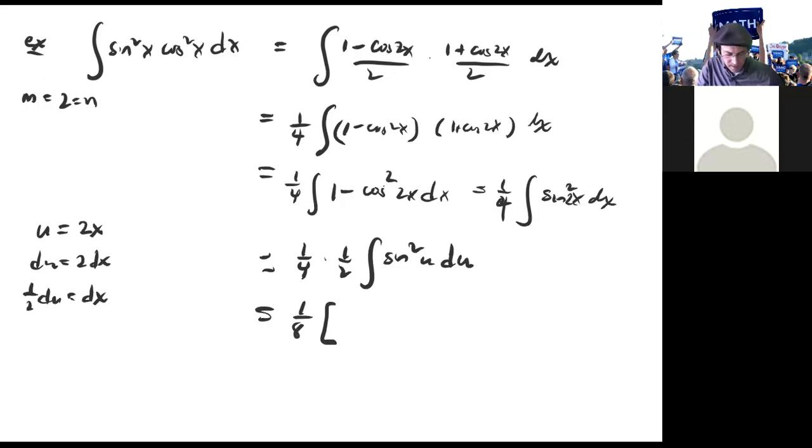this is 1/8 times u over 2 plus sine 2u over 4, and then we'll add the C on the outside.